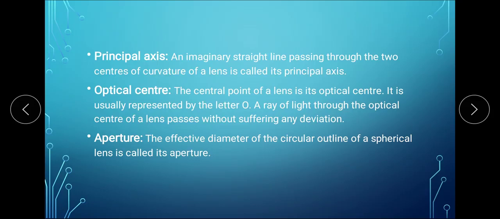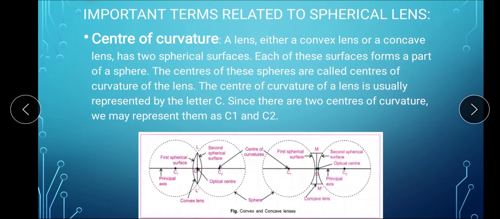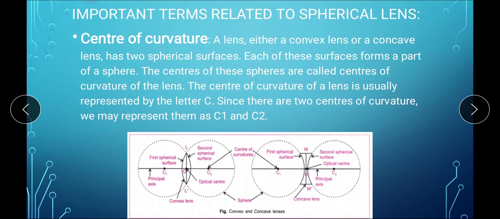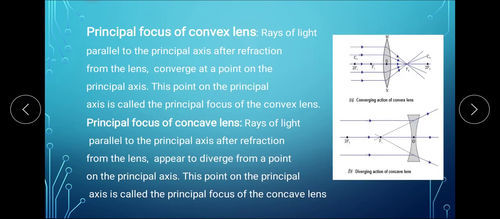Students, the effective diameter of the circular outline of the spherical lens is called its aperture. As you can see in the figure, L dash or M dash is the aperture of the two given lenses. So we have studied about center of curvature, optical center, principal axis and aperture.